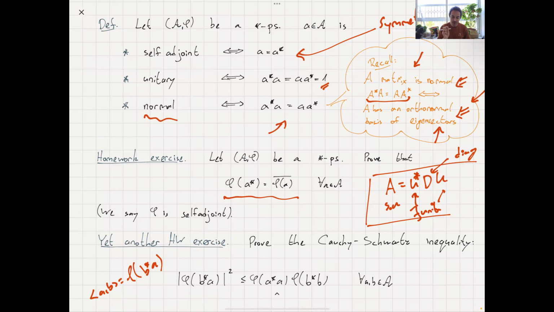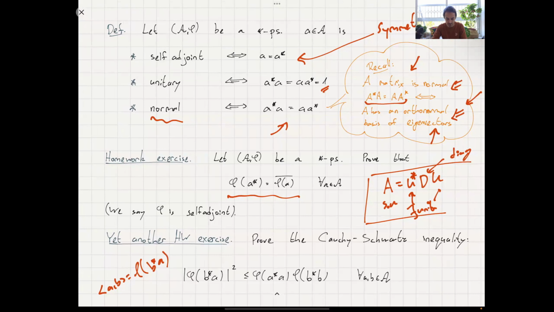But it's not quite an inner product, because there may be an element B whose inner product with every A is zero, in particular with itself, and it's a non-zero element. So there are examples where this gives you a kind of pseudo inner product, something a bit degenerate in that sense. But never mind, it is a good idea to think of this as an inner product of sorts.